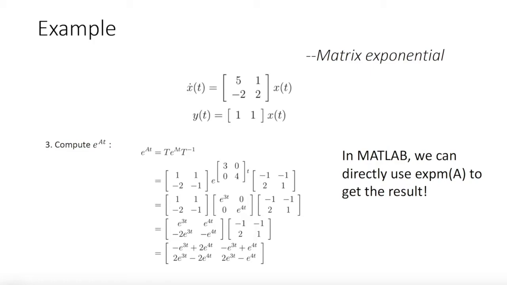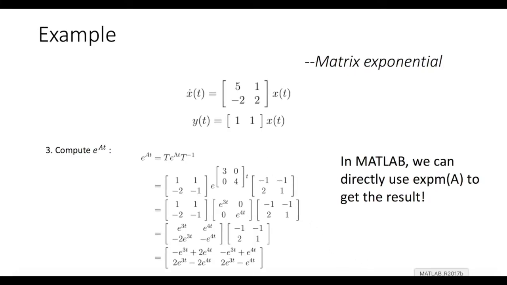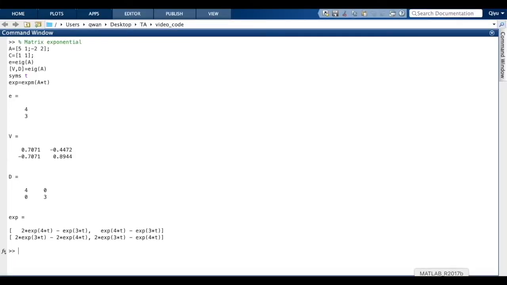Then here are the right steps to find e to the At, if A has n different eigenvalues.